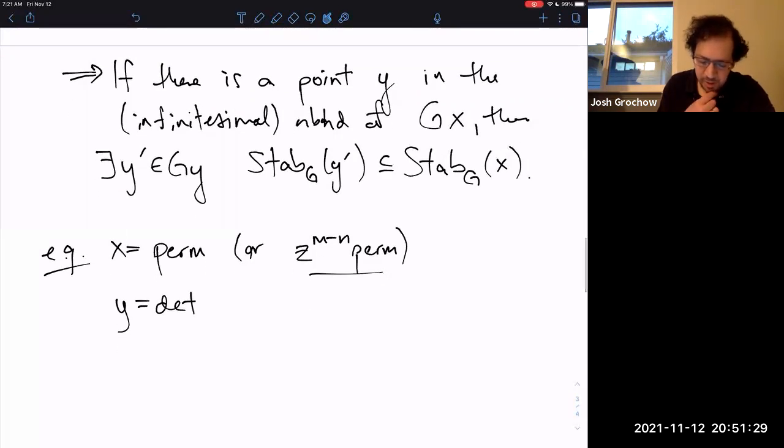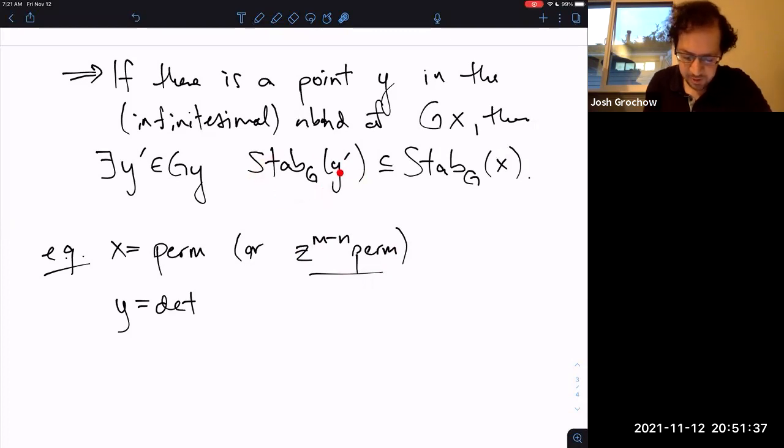So if the padded permanent were actually stable, then what this would say is that some conjugate of the stabilizer of the determinant is contained in the stabilizer of the permanent. So if you wanted to prove that this didn't happen, which would separate our class varieties the way we want, it's enough to literally just look at the stabilizer groups.